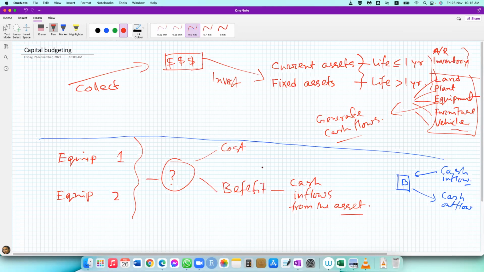And what do we mean by cost? Cost is actually measured in terms of cash outflow. If we just say flow, then the question will remain, what type of flow? So actually it is going to be cash outflow from the asset.